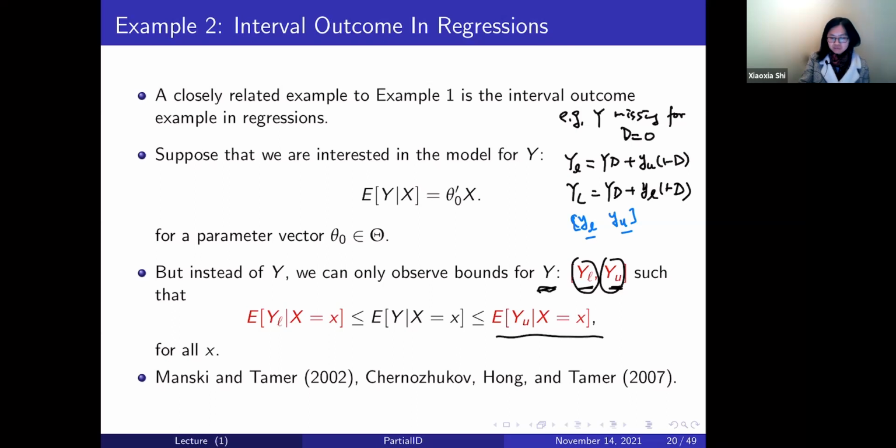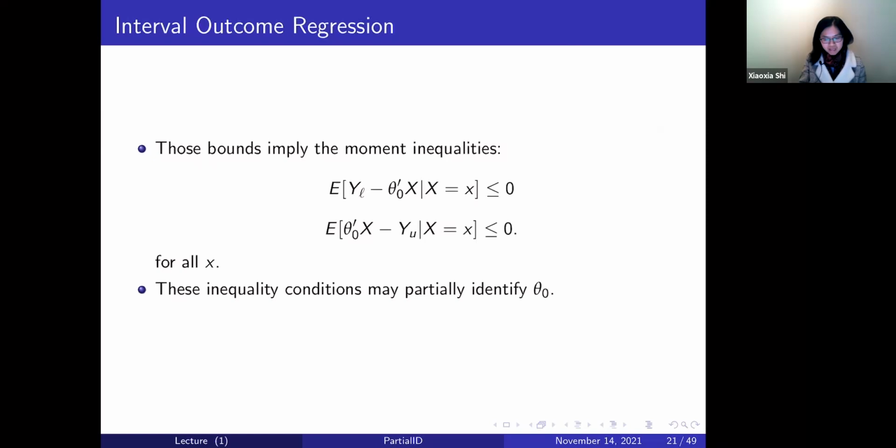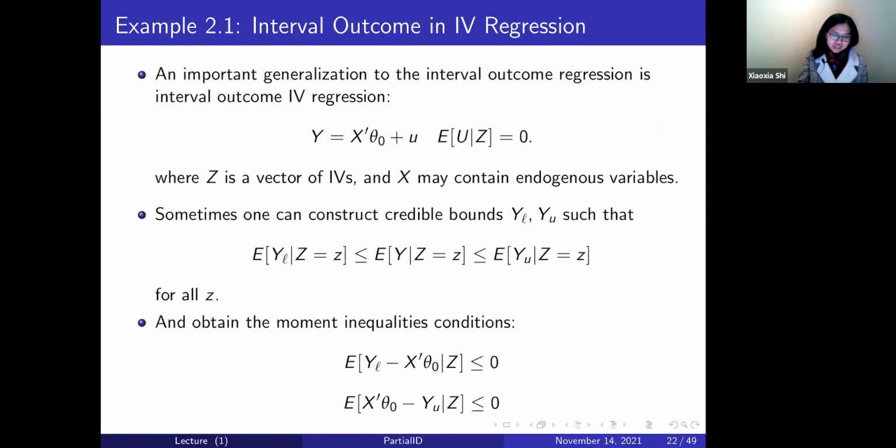Then the capital YL and capital YU constructed this way will be bounding Y with probability 1, right? So that's one way where these bounding variables may come from. Then using these bounding variables, you can come up with these conditional moment inequalities. Example 2.1 is basically a variation of the second example.